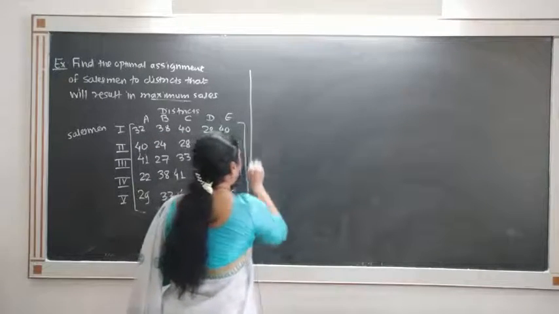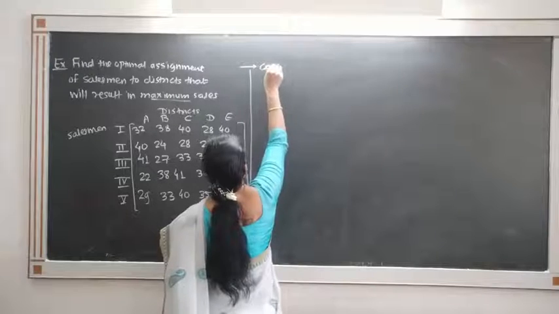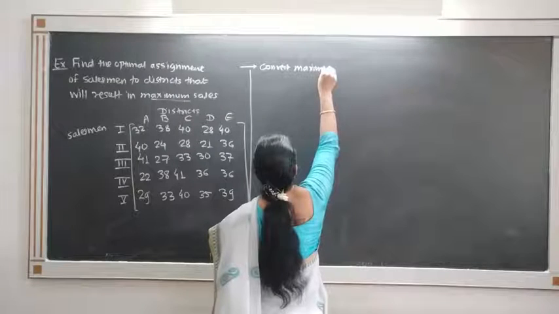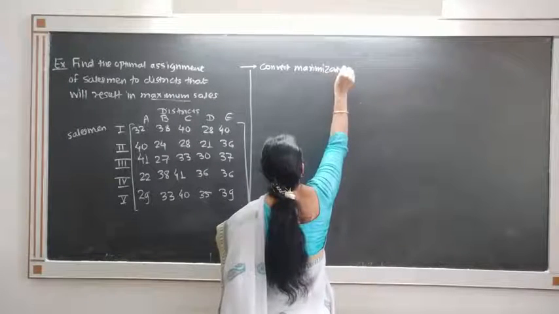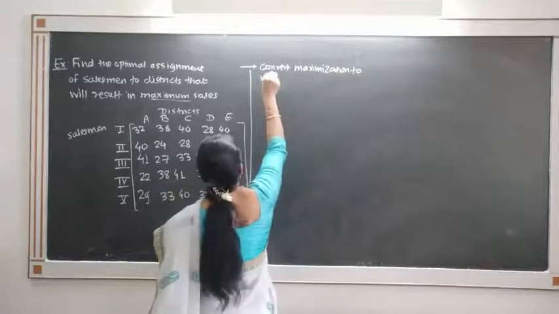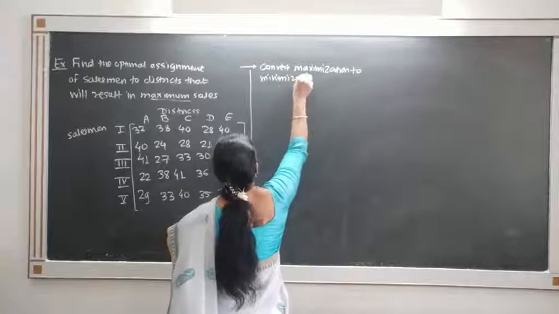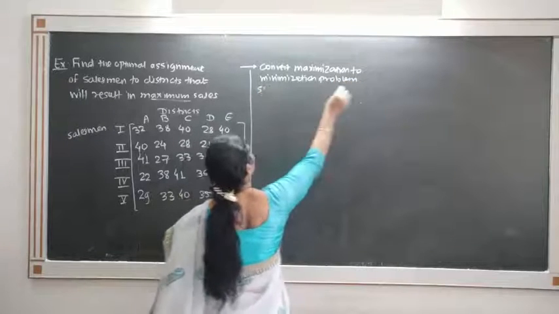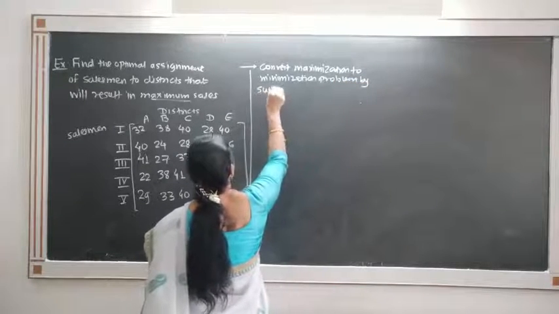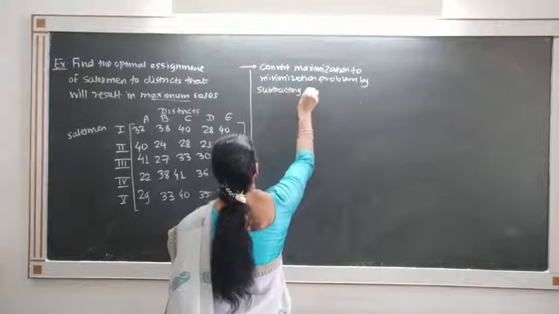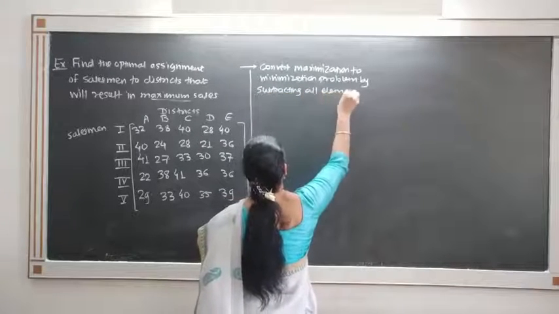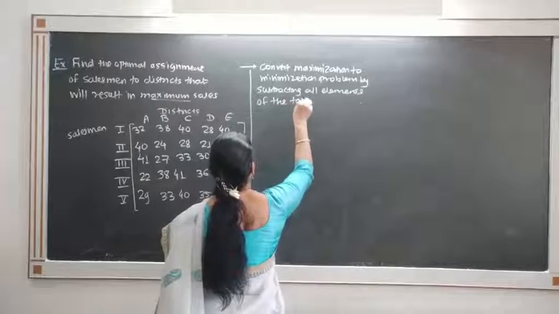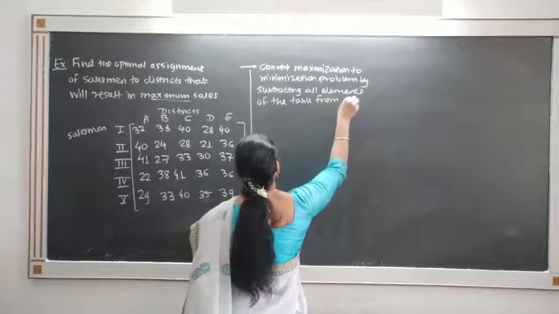In the first step we will convert the maximization assignment to a minimization problem by subtracting all elements of the table from the largest element.